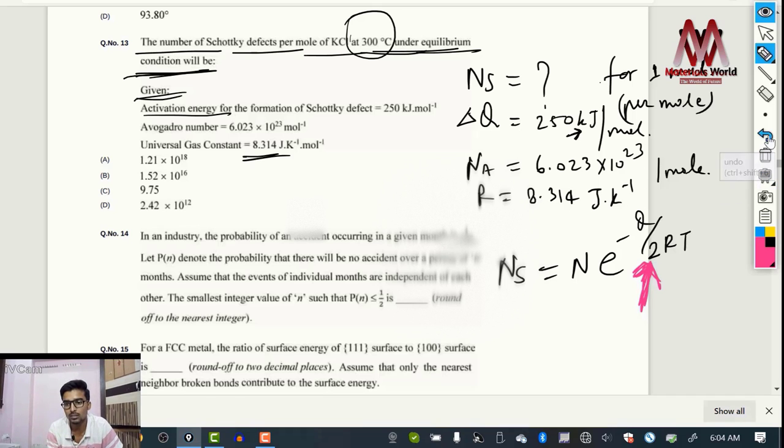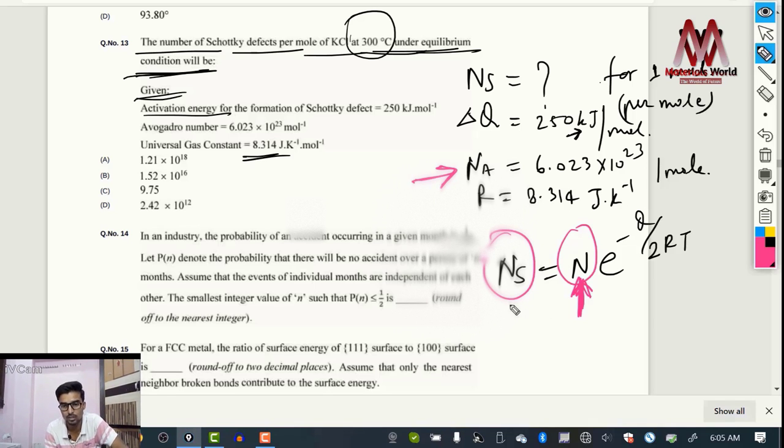Another place where they might make a mistake is in calculating this N. It is not giving the value of N; in place of N, it is given Na. So what is Ns and what is N? First let's find out.